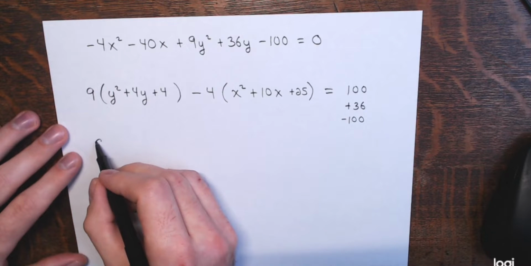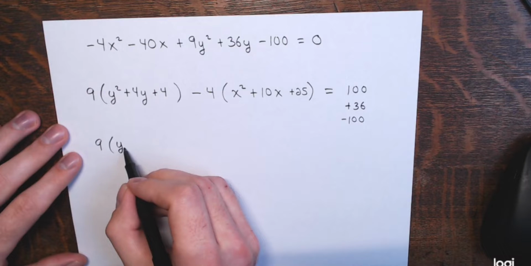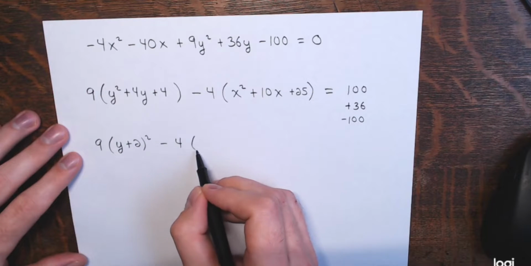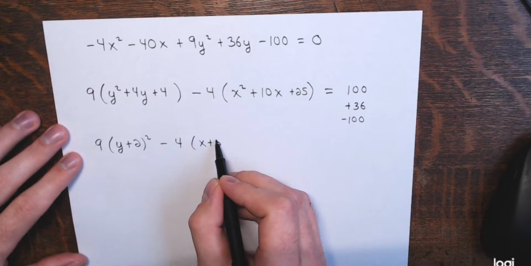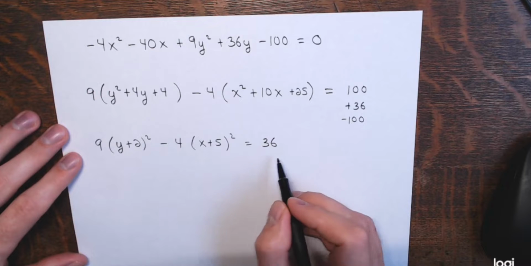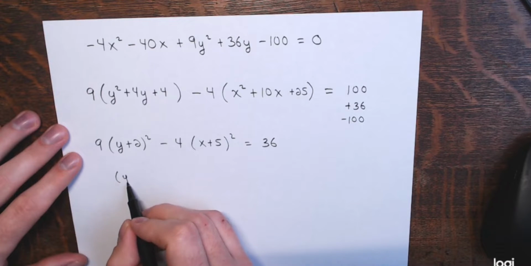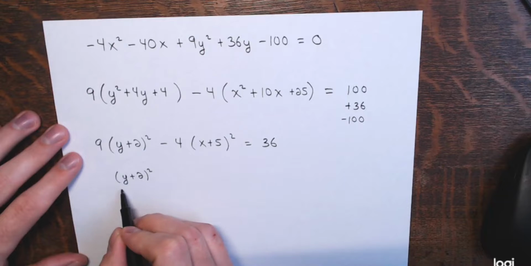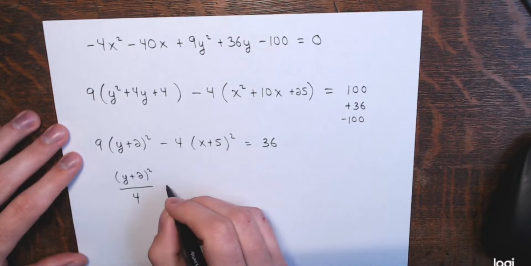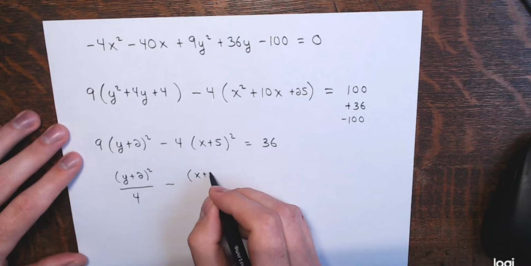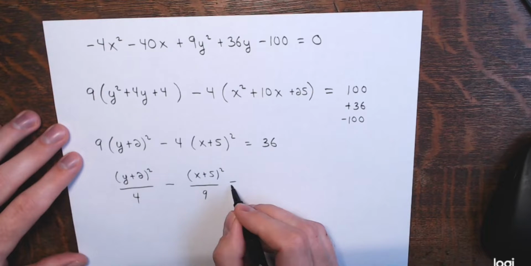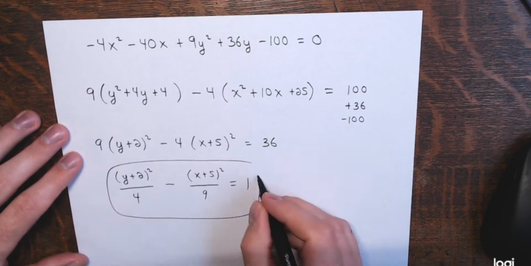Then the first term is 9 times the quantity y plus 2 squared minus 4 times the quantity x plus 5 squared equals 36. And I divide everything by 36, and you have y plus 2 squared. 9 goes into 36 4 times, so that'd be y plus 2 squared over 4 minus x plus 5 squared divided by 9, right? 4 goes into 36 9 times equals 1, and there's the standard form.